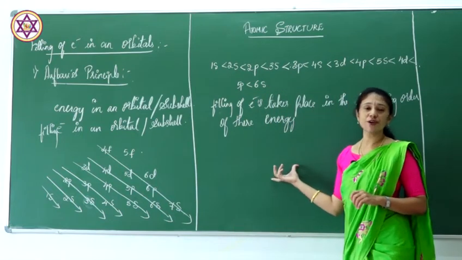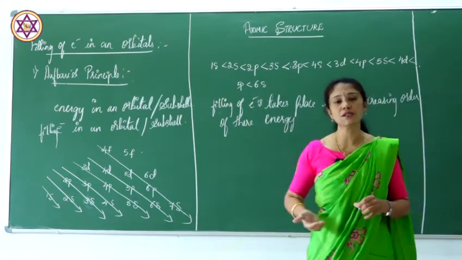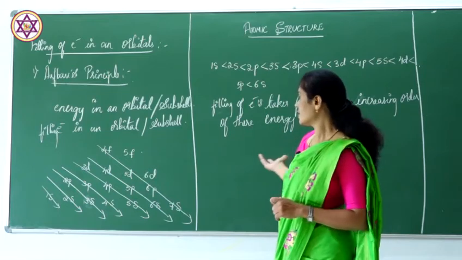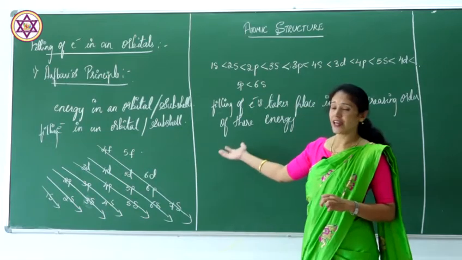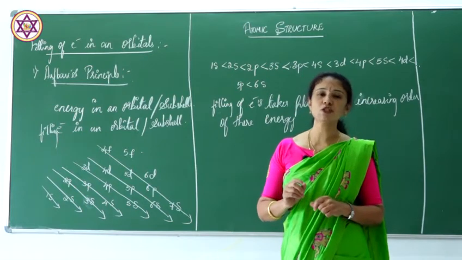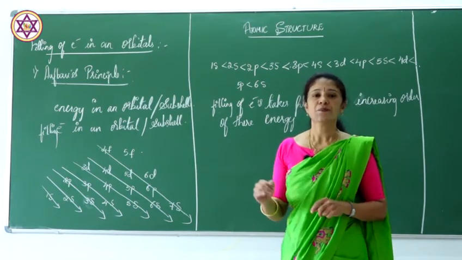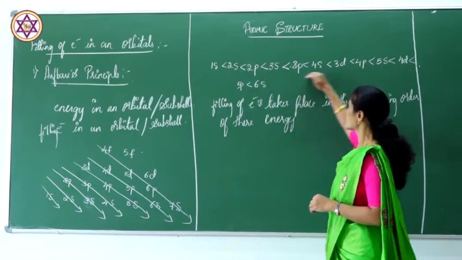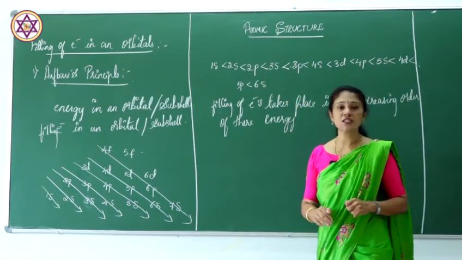Depending on the increasing order of the energy, the electrons are filled in the orbitals. That is nothing but the Aufbau principle. In this, the filling takes place in the increasing order.